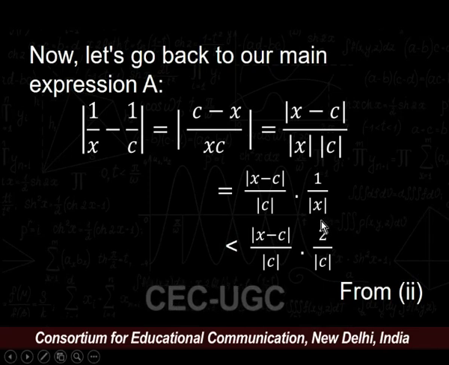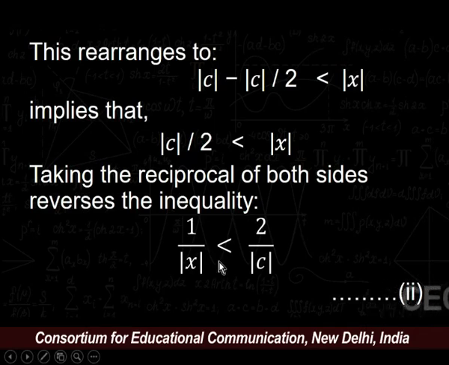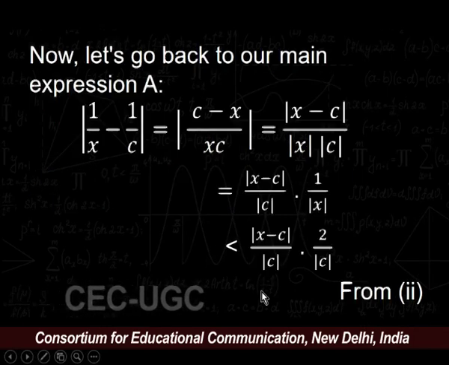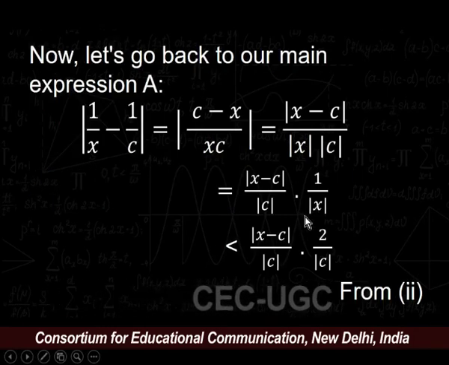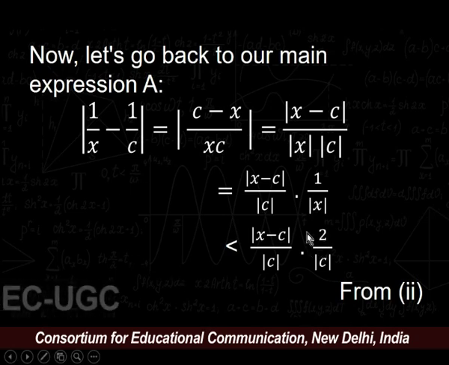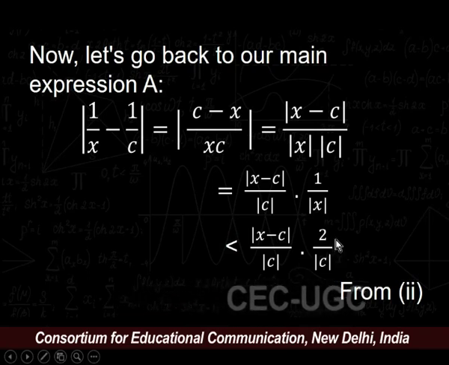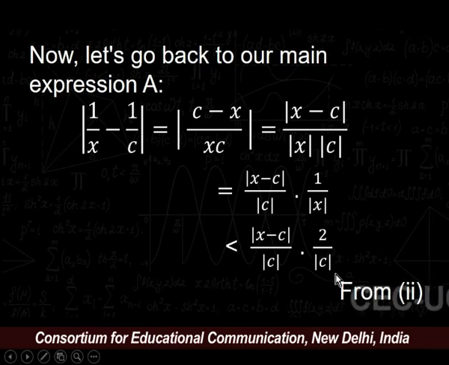From equation 2, we can replace the value of 1/|x|, which is strictly less than 2/|c|. After replacing this, we get |1/x - 1/c| is strictly less than |x - c|/|c| times 2/|c|.